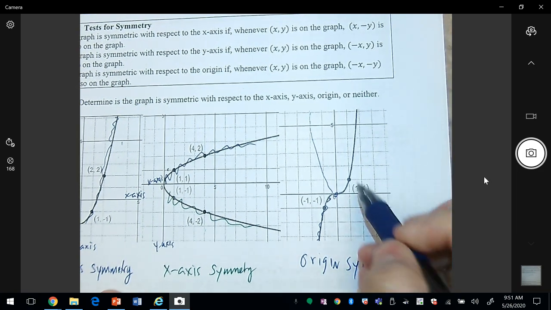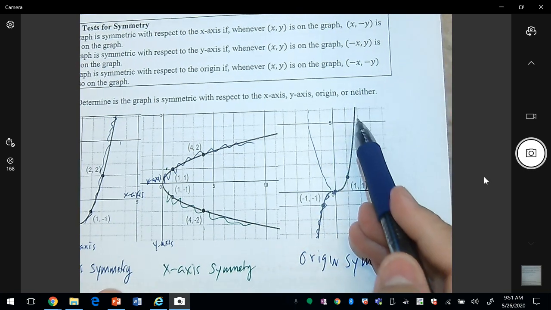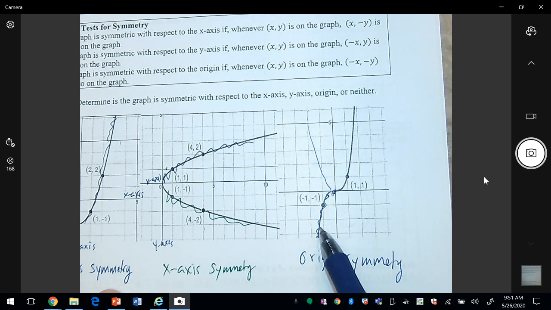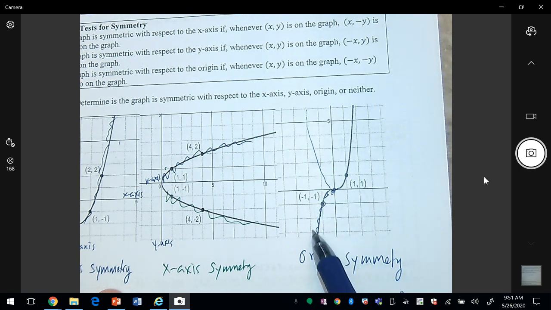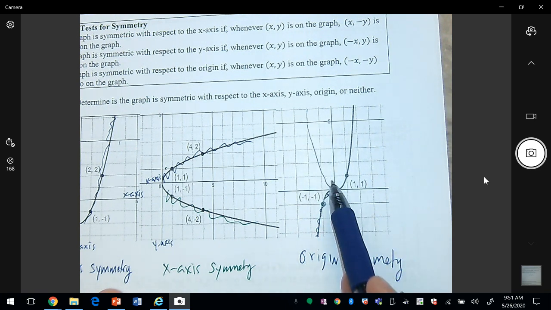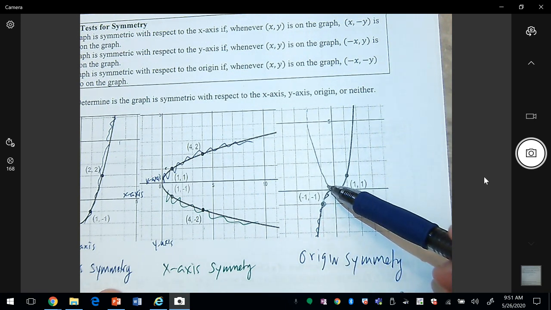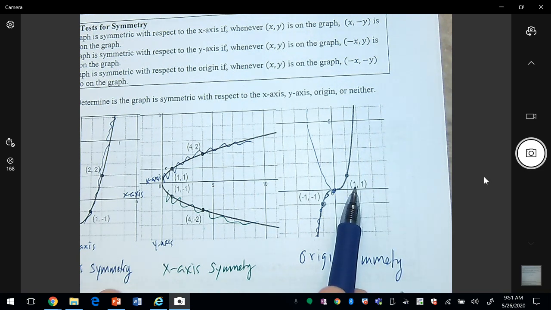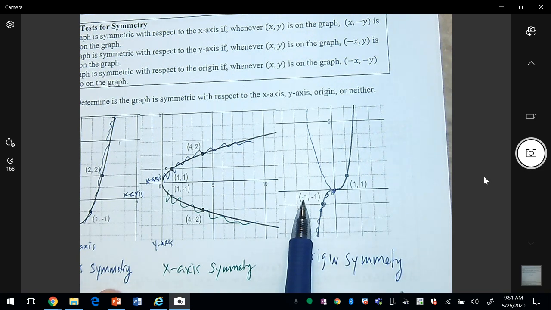Again, for origin, we're looking at whether the graph has y-axis symmetry, and then if you apply the x-axis symmetry, does it land on that bottom part of the graph? Here, if I fold it, it lands over here, and if I fold it on the x-axis, it's going to land on this side. Or you can look at the points. You went from (1, 1), and then the values for x and y both changed.